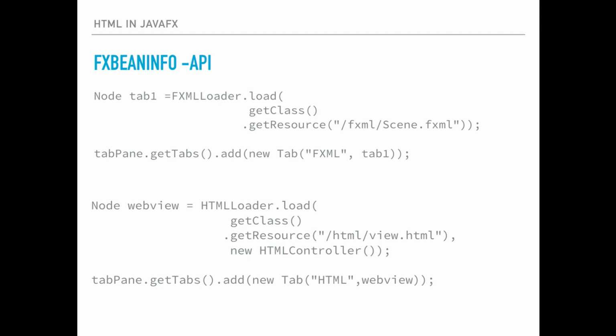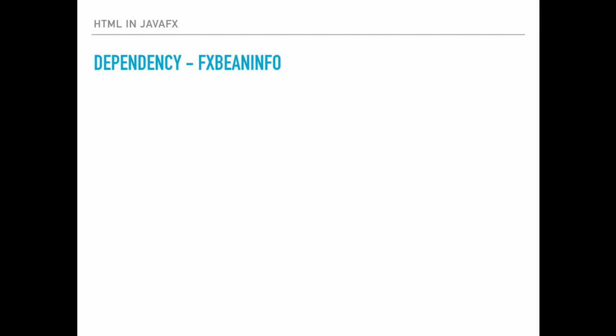It's not derived from the HTML. And then you've got your regular node, and you can add it to your application. And the HTML controller is basically a way of easily enumerating the properties and the actions of your Java bean that you want to expose.